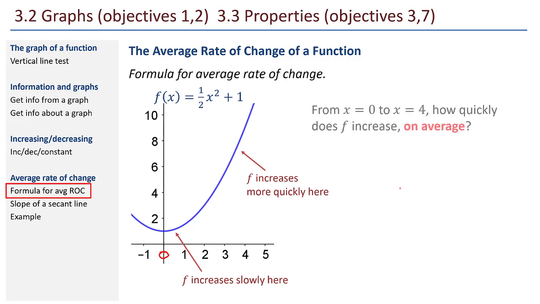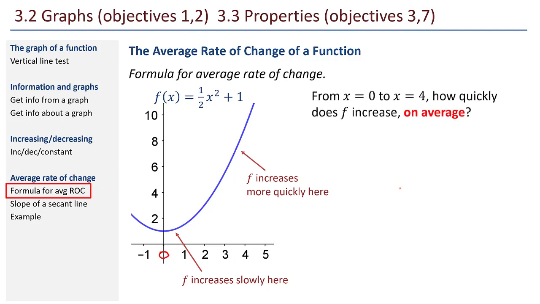I might want to know, from x equals 0 to x equals 4, how quickly does f increase on average? So I'm looking at the point when x equals 0, and when x equals 4, I'm looking at that point. And so how does the function, on average, change between those 2 points?